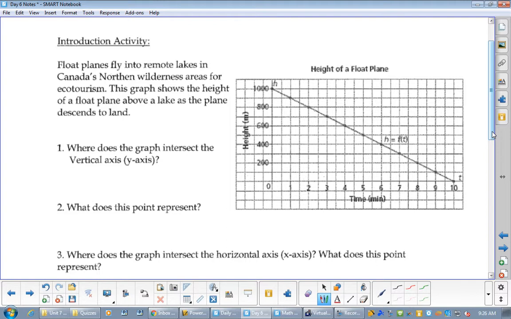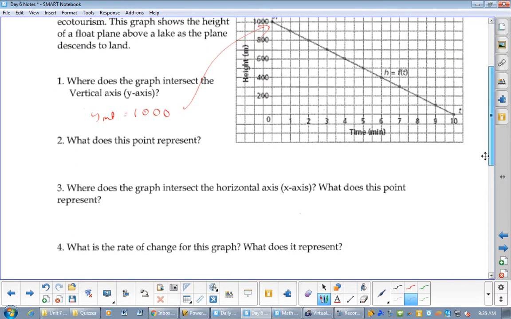That makes sense? Okay, now what is the y-intercept? What is the y-int on this one? What is it? 1,000. Right there.